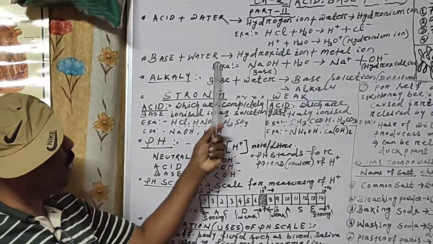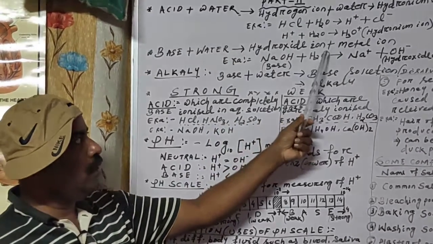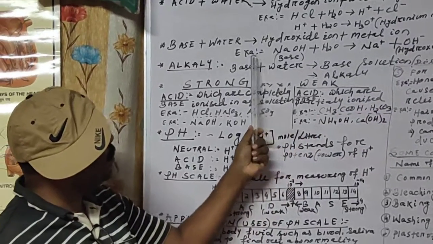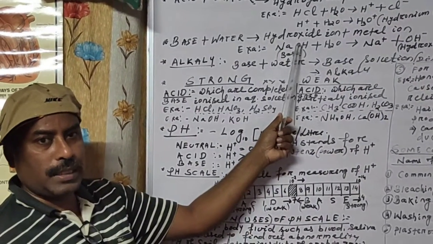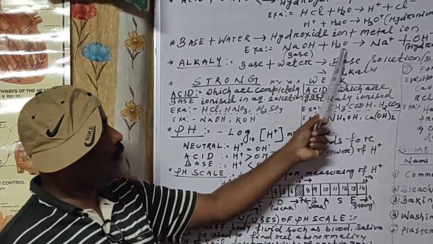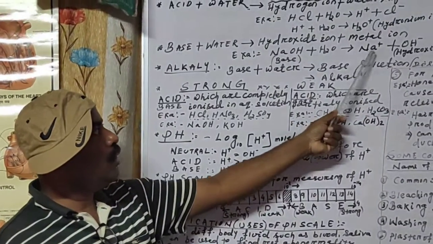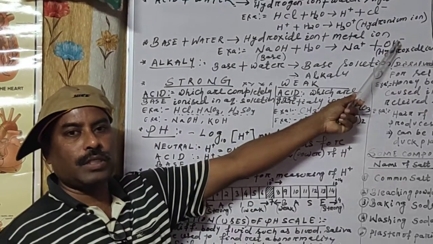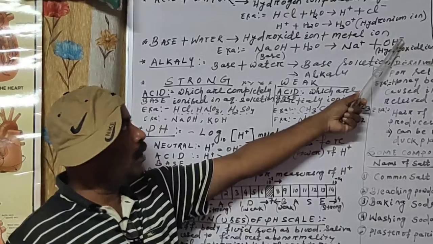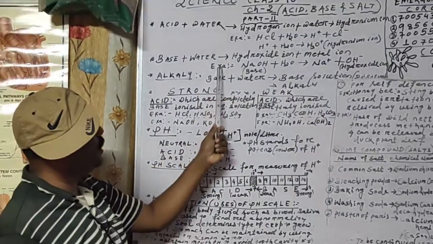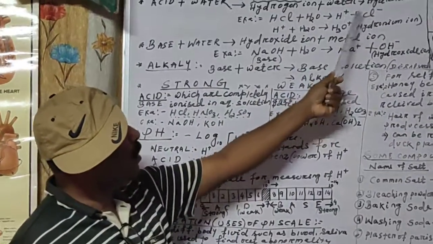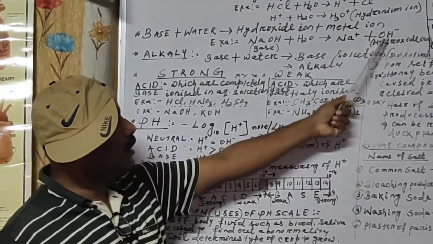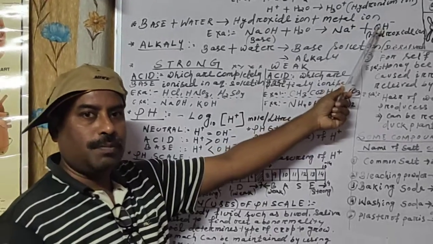When base reacts with water, hydroxide ion is formed along with metal ions. Sodium hydroxide is one base, and when it reacts with water, it gives sodium ion, metal ion, and OH minus, hydroxide ion. So the difference between these two reactions is that in this case hydrogen ion or hydronium ion is formed, whereas in this case hydroxyl ion is formed.